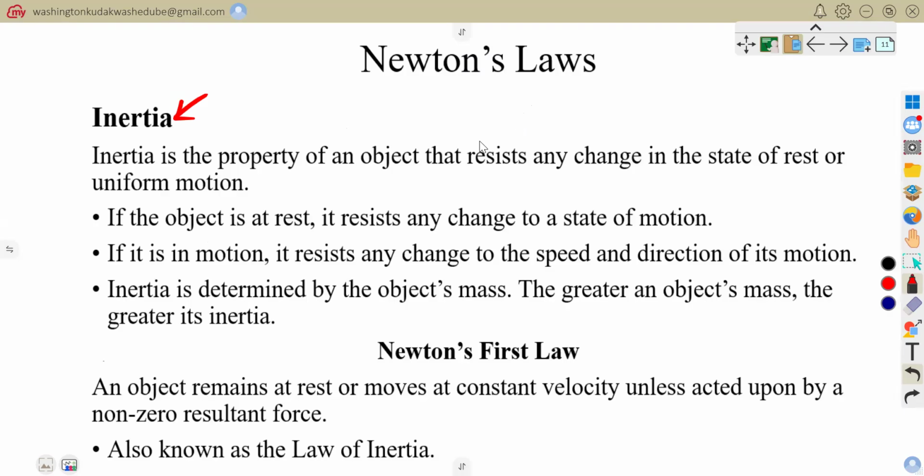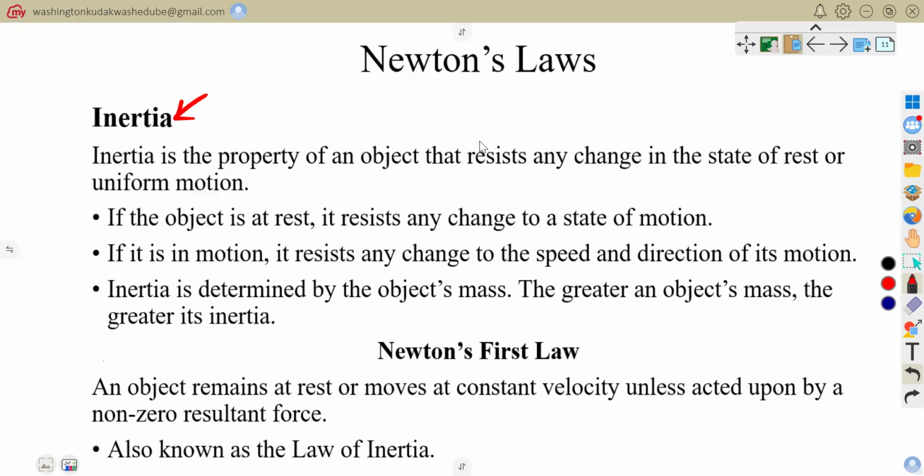So the question might come saying, which property governs an object when, let's say you were moving in a bus and the driver suddenly applies brakes and you continue moving towards the direction in which the bus was moving.